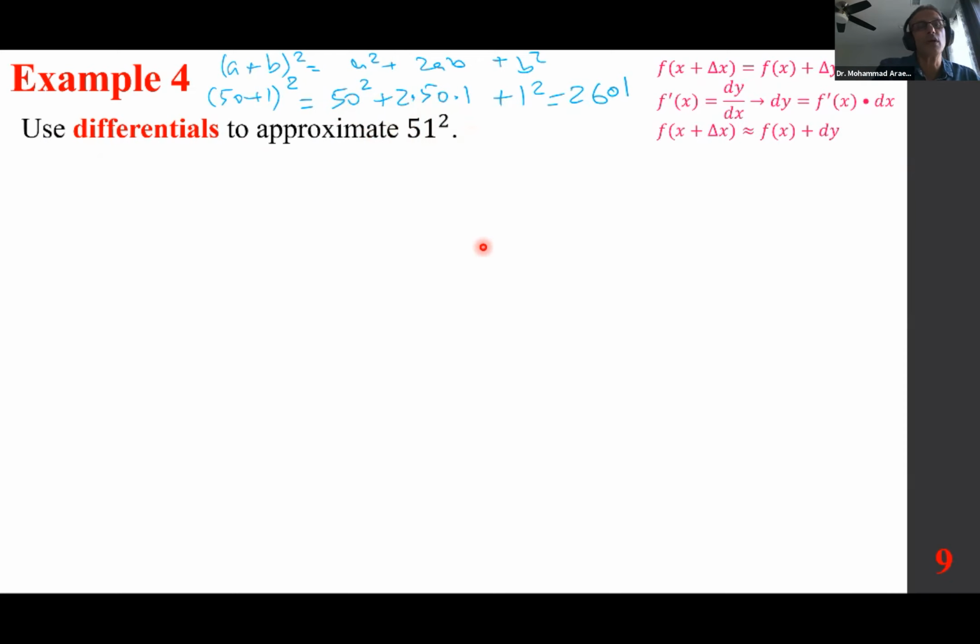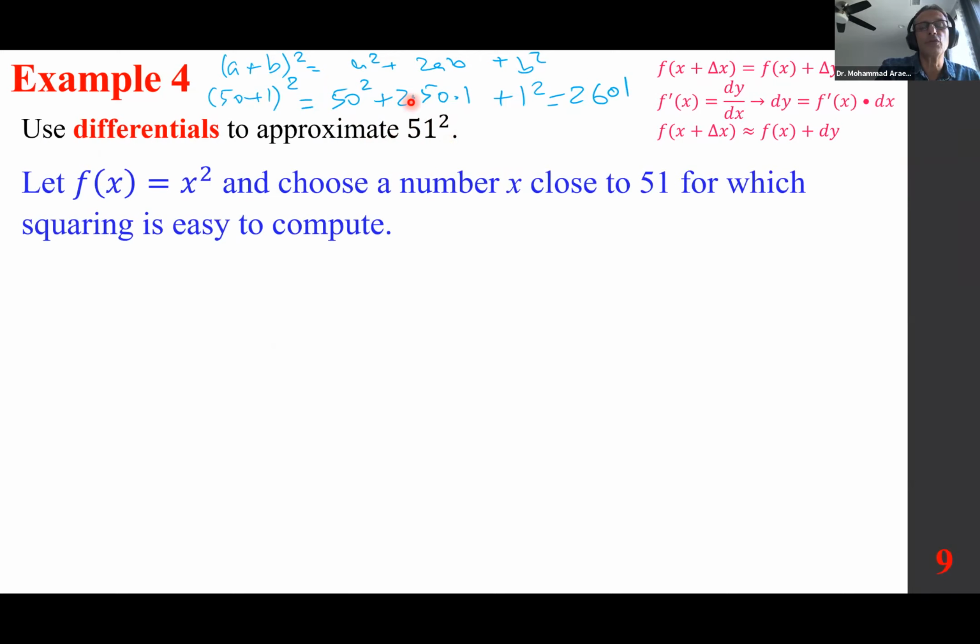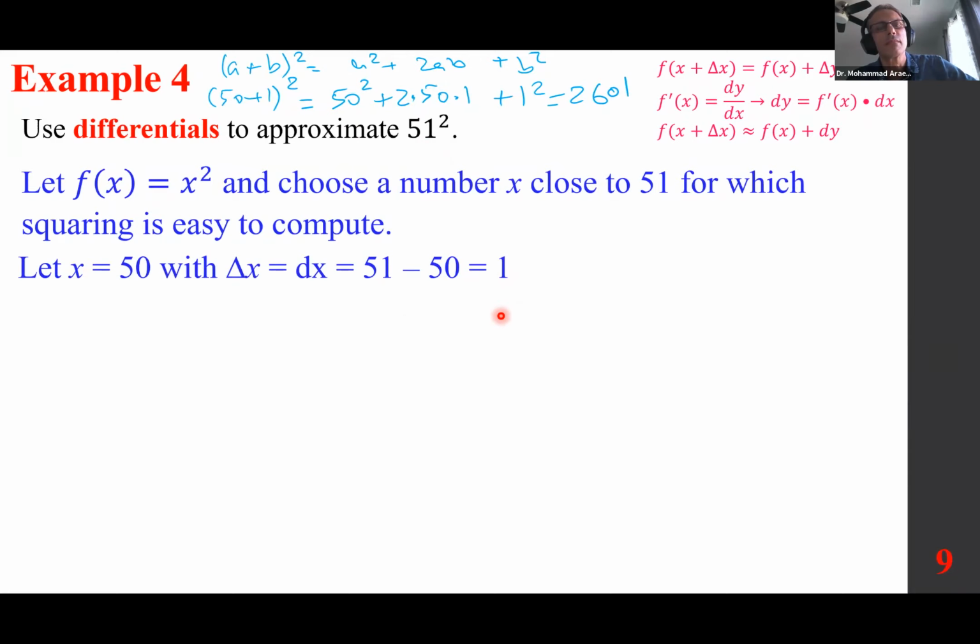So first you want a function. And all you have to do, read the question, 51 squared, so x squared. Closest number to 51 is a 50, which creates delta x or dx of positive 1. And then you take it from there. Before we continue, I want to make sure everybody understands.